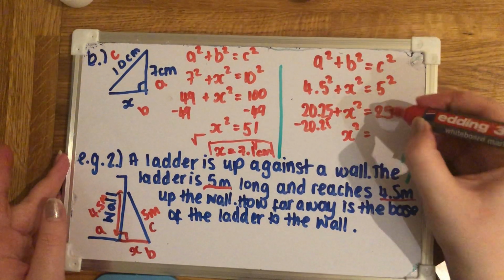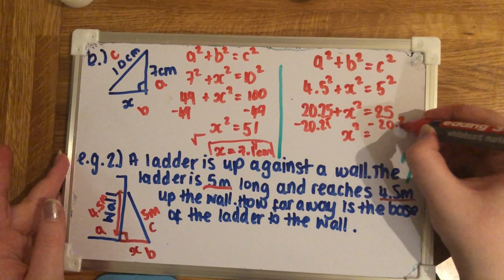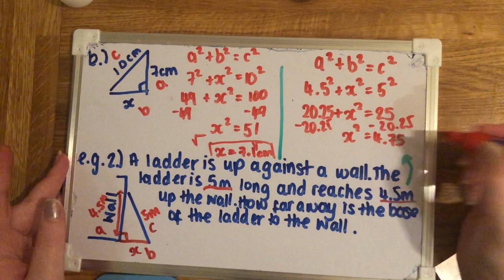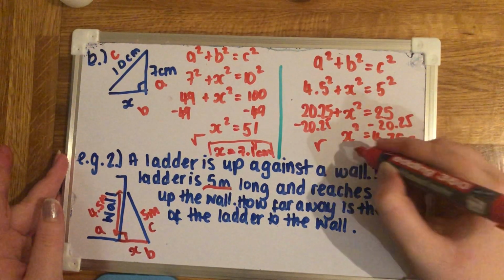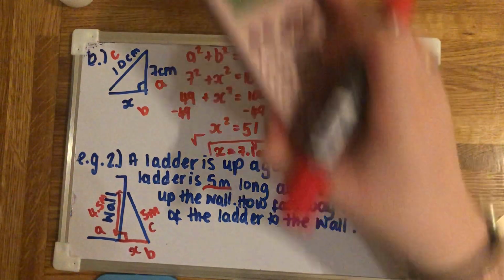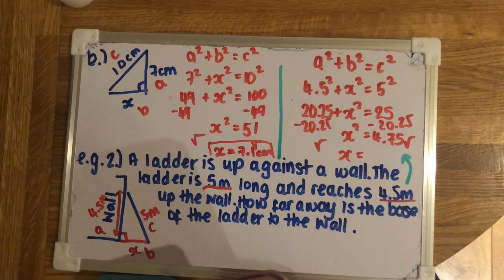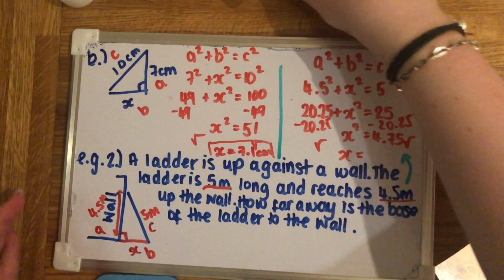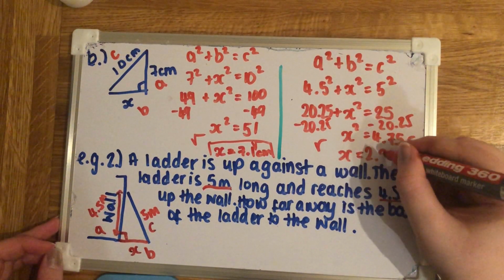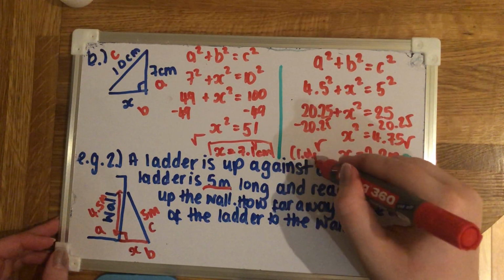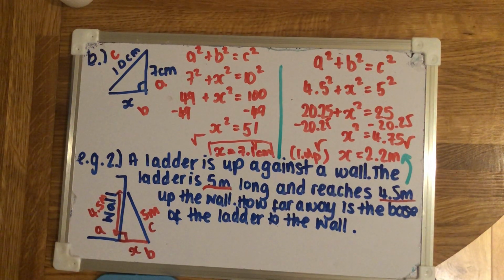So take away 20.25 from both sides, which gives us 4.75. And then to finish it off, we need to square root it. Which gives us 2.2 metres. Okay, now at the moment all my answers have been to 1 decimal place just because that's generally what they ask for, but obviously be careful, it depends on what they ask in the question.